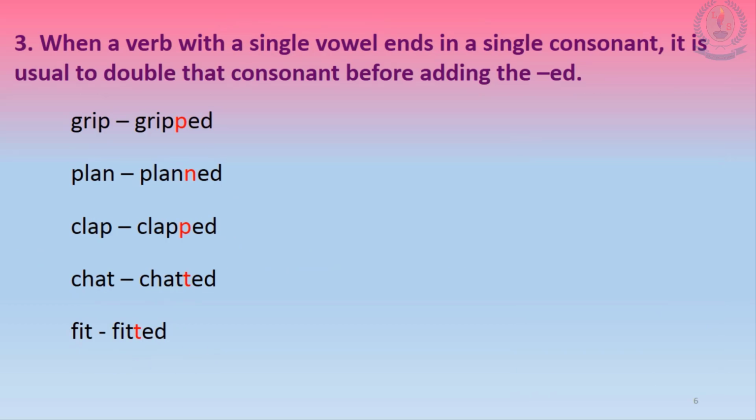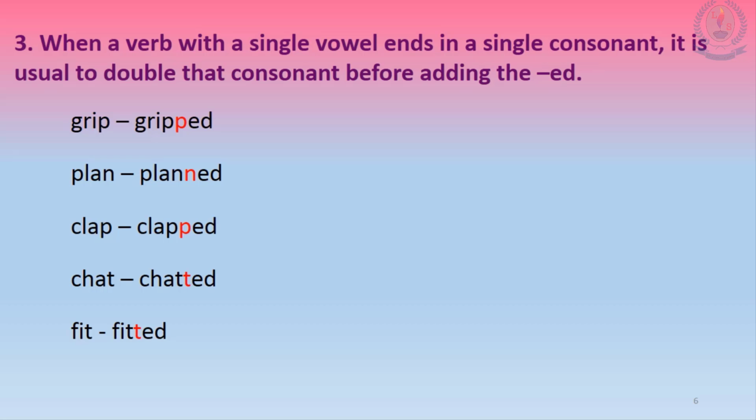Third rule is when a verb with a single vowel ends in a single consonant, it is usual to double that consonant before adding the ed. So this is the same rule that we used in adding ing.